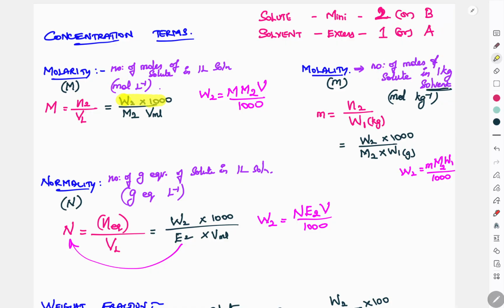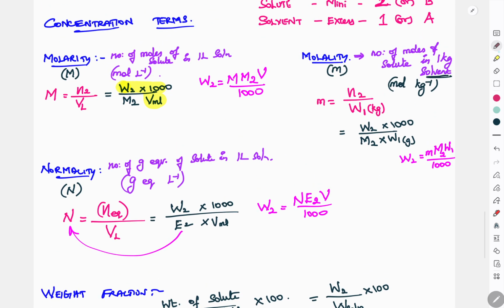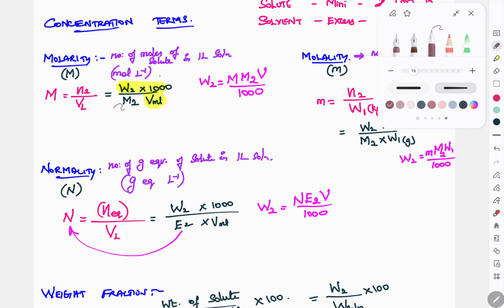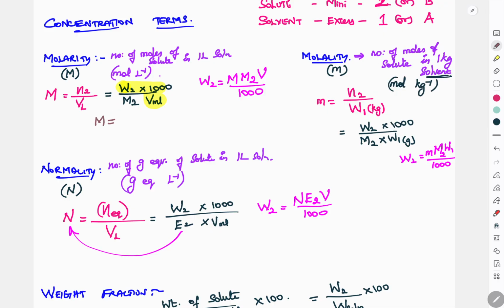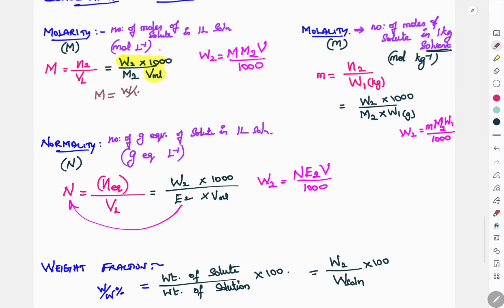W2 into 100 by V is called W by V percentage. Instead of writing like this, I can write W by V percentage into 10 divided by M2.